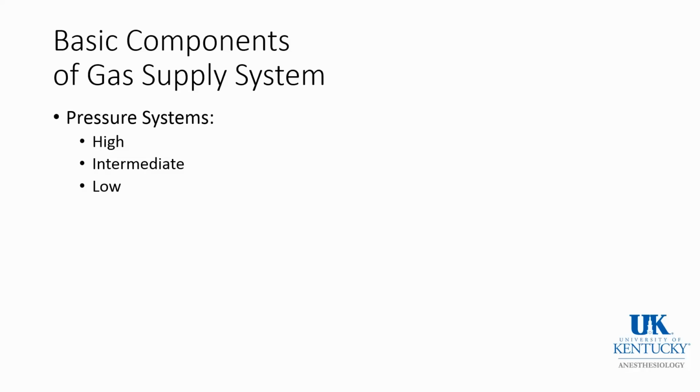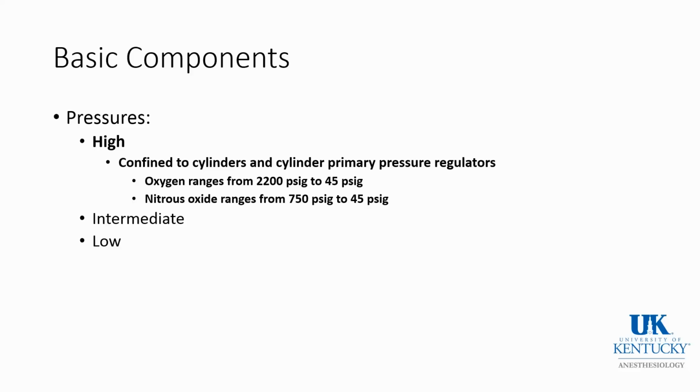So, moving along, the basic components of the gas supply system include the high pressure system, the intermediate pressure system, and the low pressure system. The high pressure system is confined to the cylinders and cylinder primary pressure regulators.